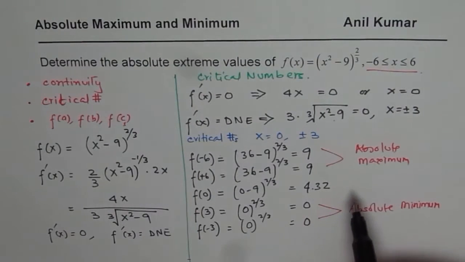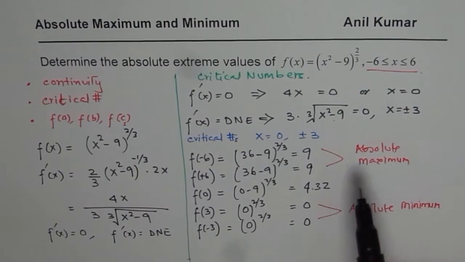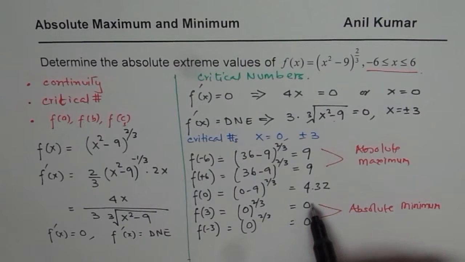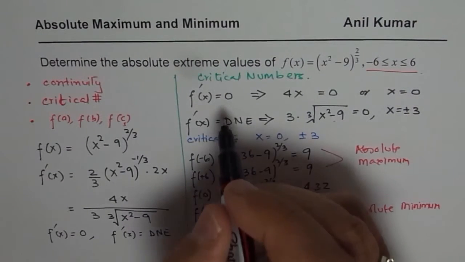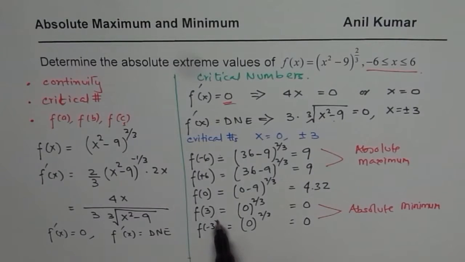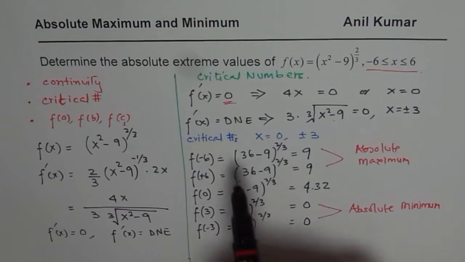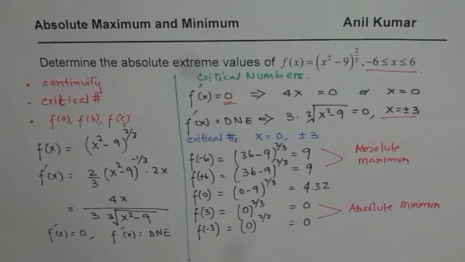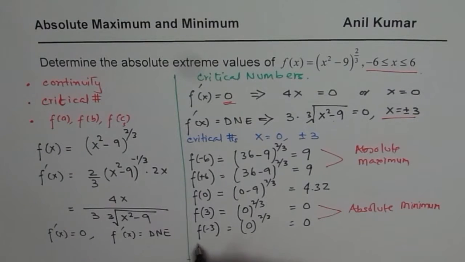And these minimum values happen to be at the critical points, plus minus 3, which is the critical point we use. So now we can write down our answer.